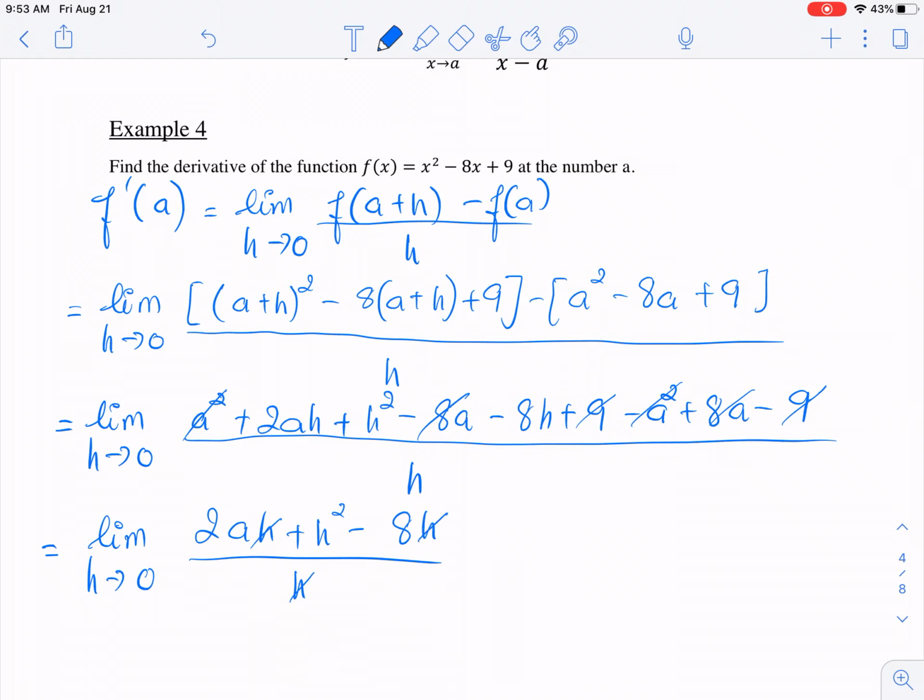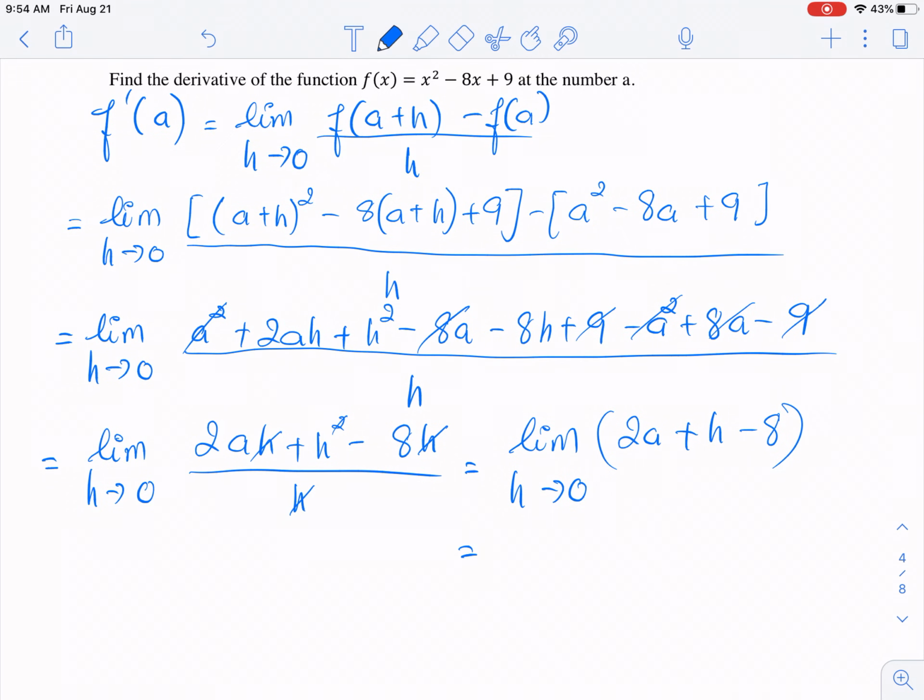So we ended up with the limit as h goes to 0 of 2a plus h minus 8. And then don't forget, we get to put h in. So h is 0, and we end up with 2a minus 8. And that's the derivative. This is what we call f prime of a.